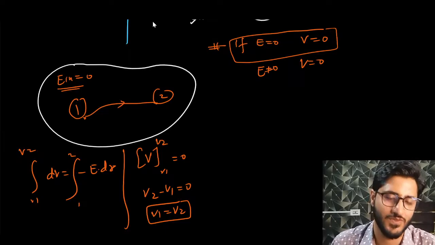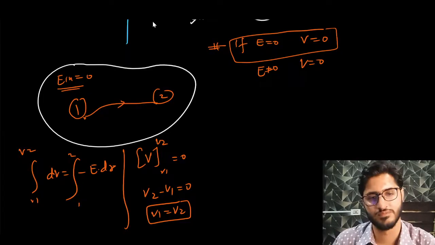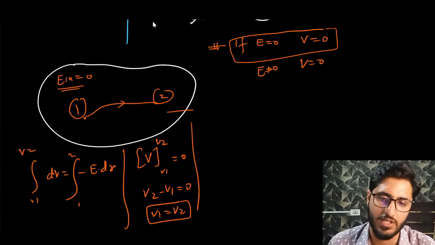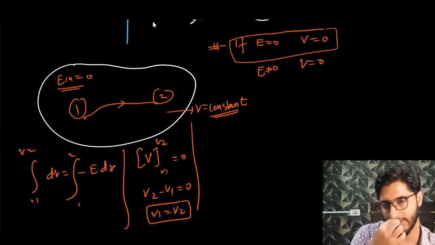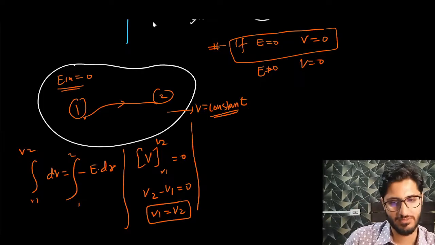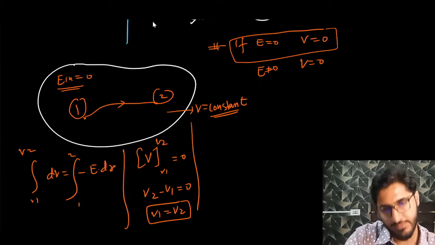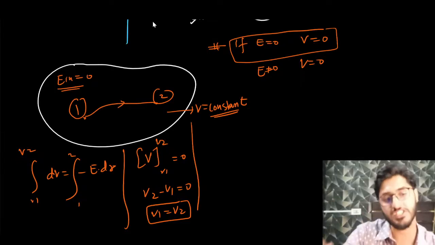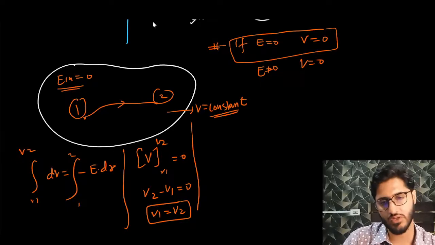So here E is 0 but V is constant. I know this question will not come in the examination, but this is a parameter to remember.